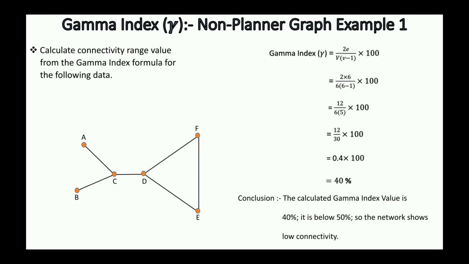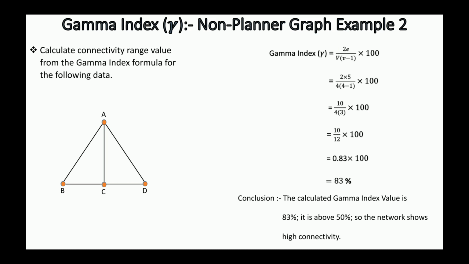So 12 divided by 6 multiplied by 5 multiplied by 100, and 12 divided by 30 multiplied by 100, 0.4 multiplied by 100, and therefore the answer is 40%. The conclusion is the calculated gamma index value is 40%. It is below 50%. So the network shows low connectivity.